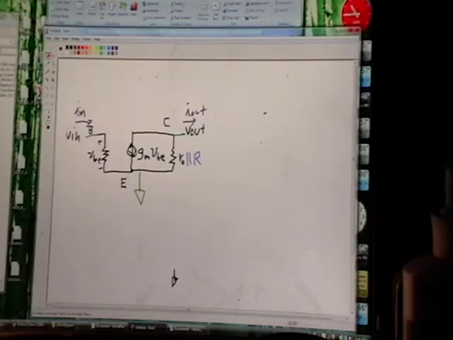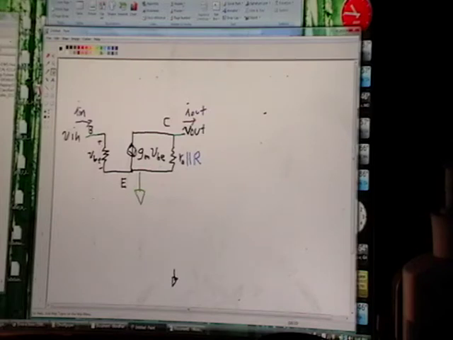What I should have drawn is, just to make it clear that this was a lowercase, I should have like this. And when I write this out in a lowercase, that means it's just the moving part of the signal. So lowercase currents and voltages here, that means that it is just the moving part of the signal. We've gotten rid of the DC part. This is the small signal, essentially.